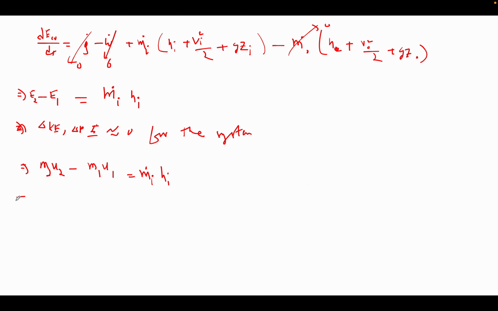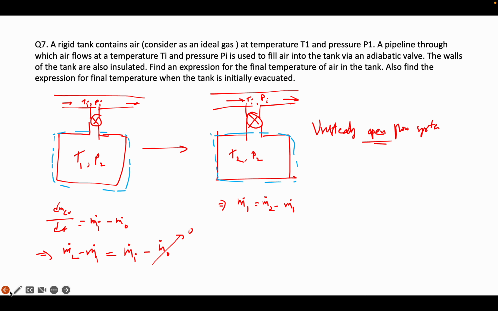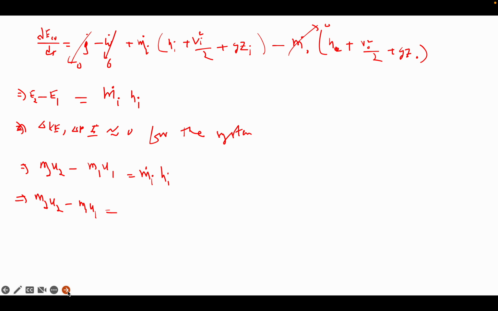So m2 u2 minus m1 u1 will be (m2 minus m1) times h_i, from the previous equation.